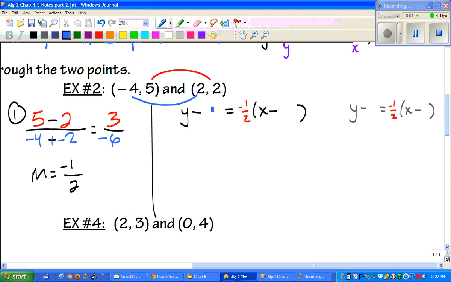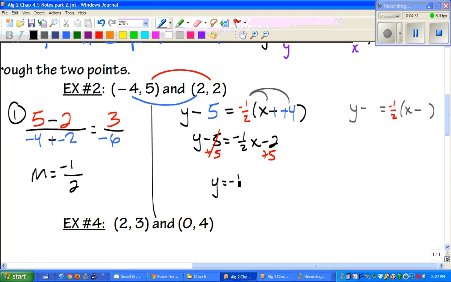Okay, so the first one we'll do 5 and 4. And let's go. So we got to distribute. Y minus 5 equals negative 1/2 times x minus 2. Add the 5 to both sides. And you get y equals negative 1/2 x plus 3.